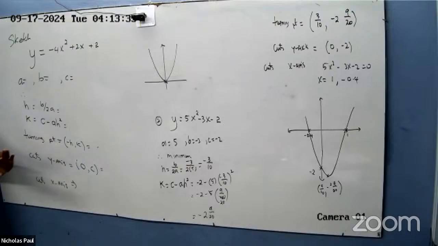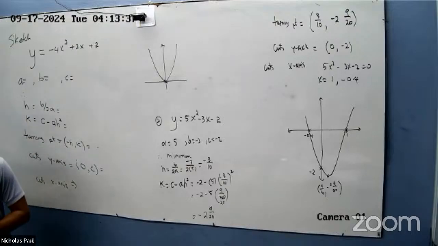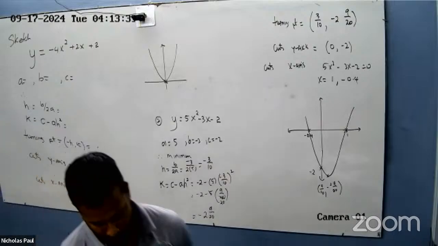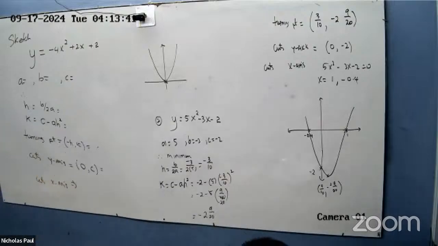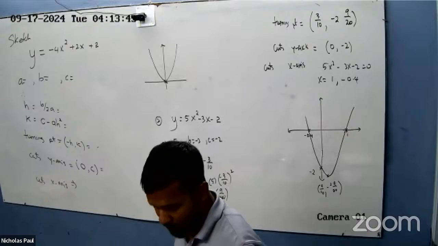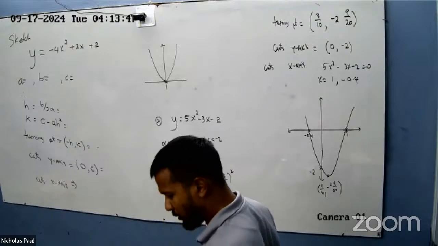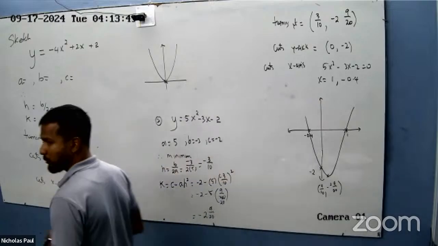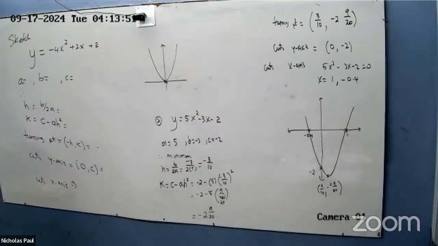Follow through the steps and catch this one. Take a look, click and send it to me. Well, what type of quadratic do we have here? A maximum, which is shaped the other way.